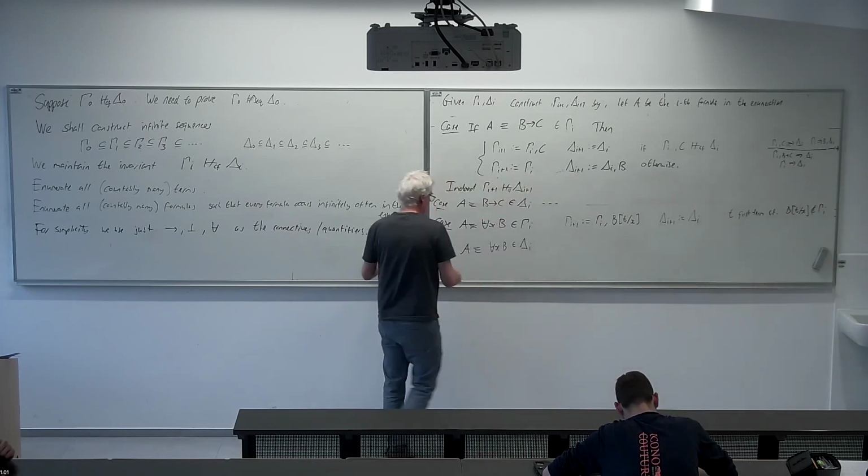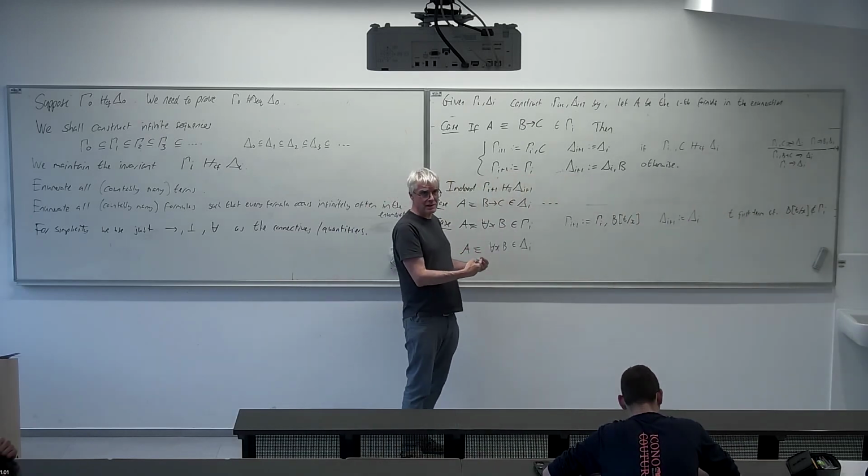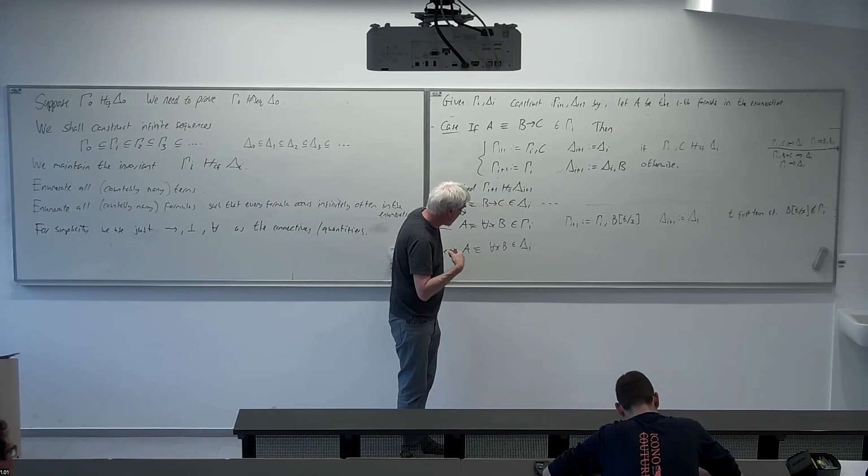And in the case that A is the universal quantifier on the right, now the sequent gamma I delta I is not cut-free provable.